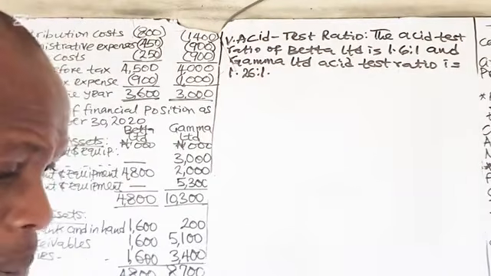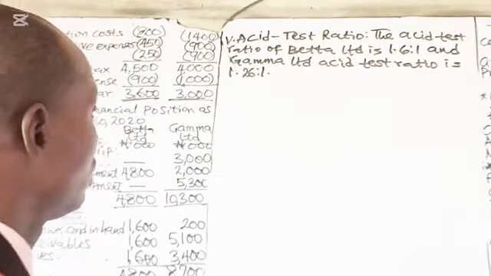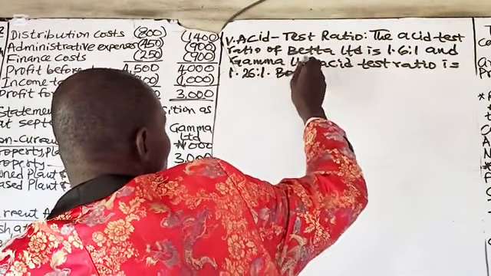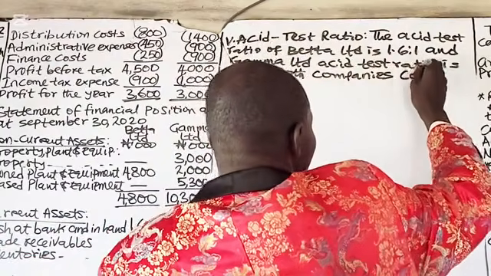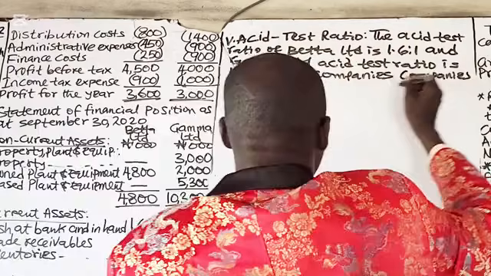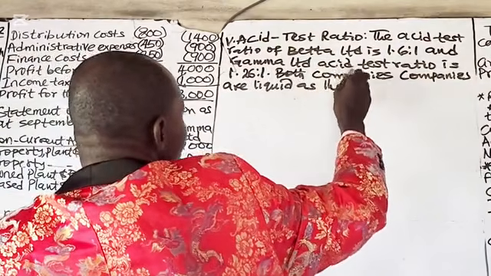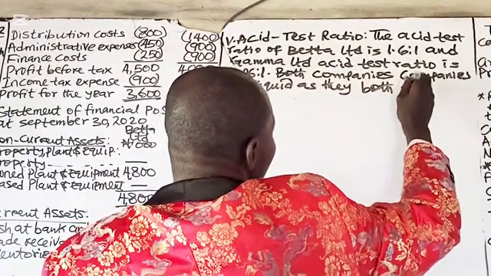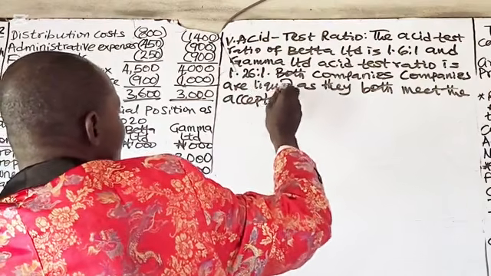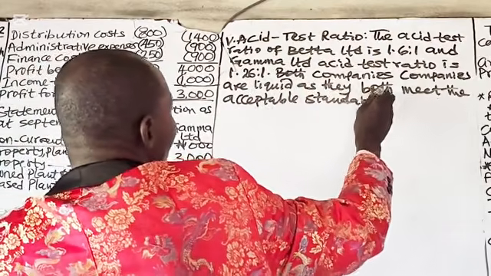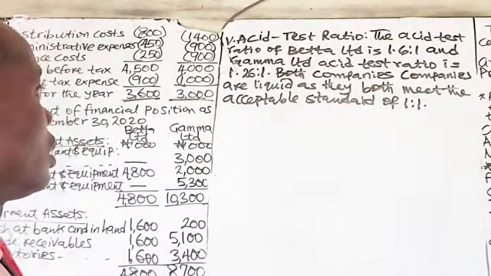Now, what does this imply? Both companies, that is Beta Limited and Gamma Limited, are liquid as they both meet the acceptable standard of 1 to 1 for acid test ratio.